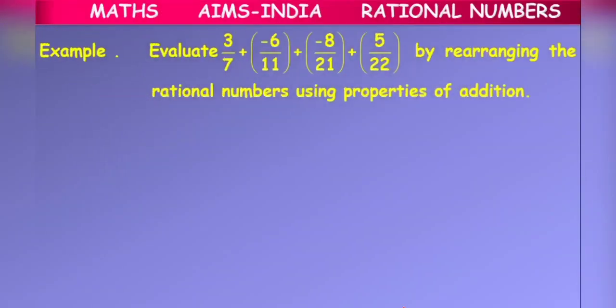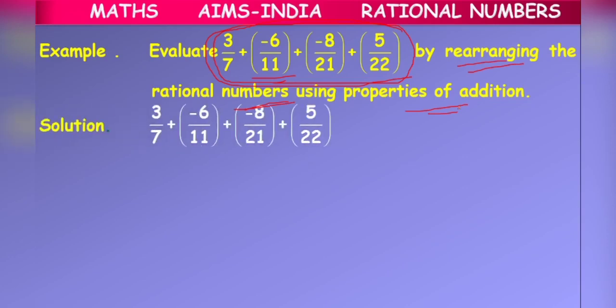Next. So evaluate. This value we have to find out. They are telling us to evaluate by rearranging the rational numbers using the properties of addition. We want to find the value by using the properties of addition. How to find it?